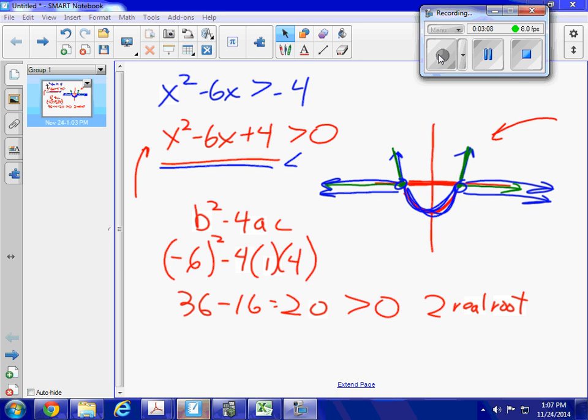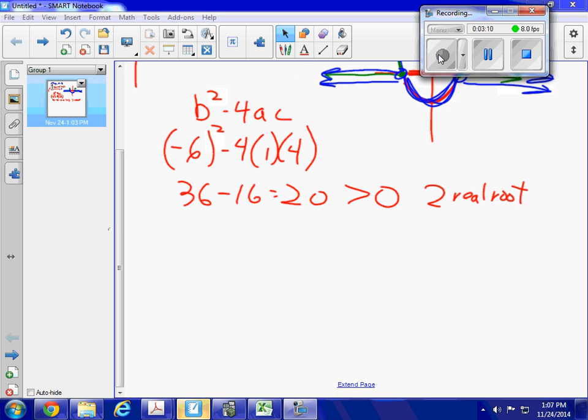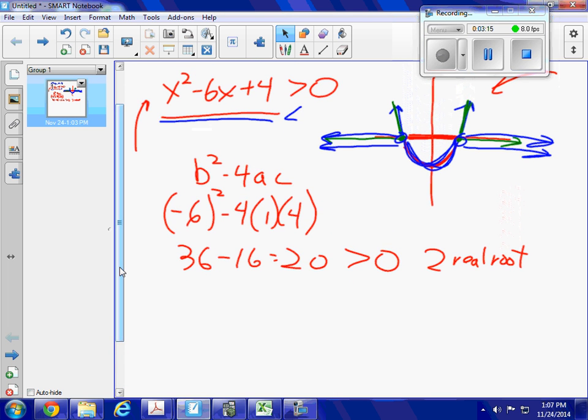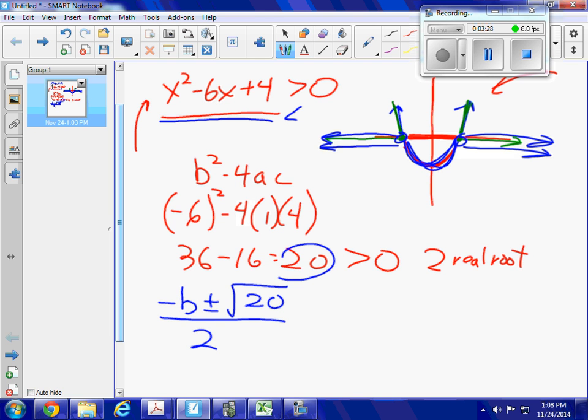All right, so I found my discriminant. I may as well continue using the quadratic formula to find out what my roots are. I have negative b plus or minus the square root of the discriminant, which I've calculated is 20, over 2a, which is 2, and negative b is negative 6.